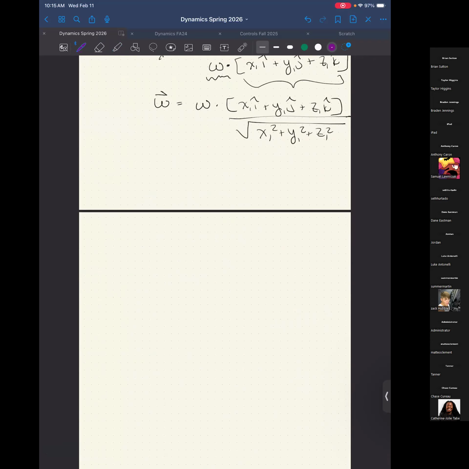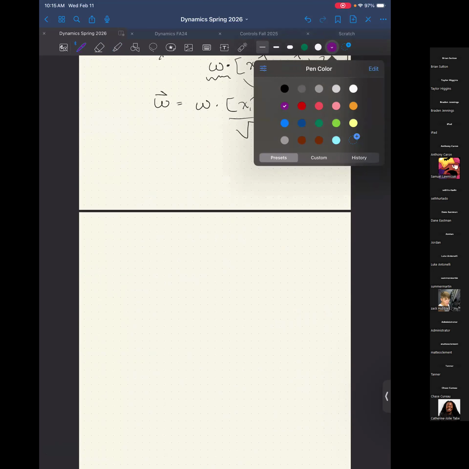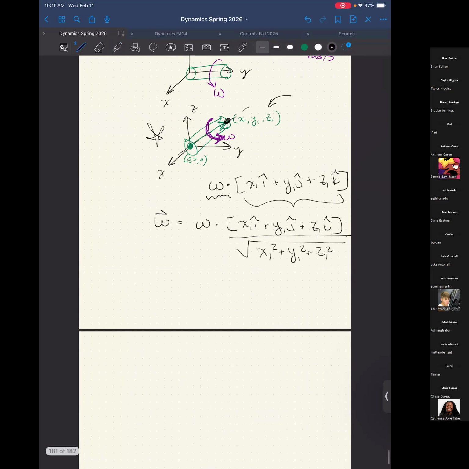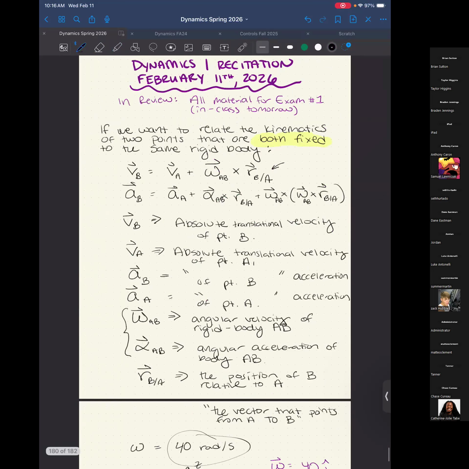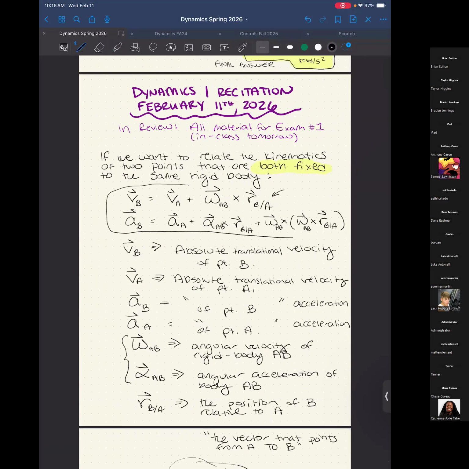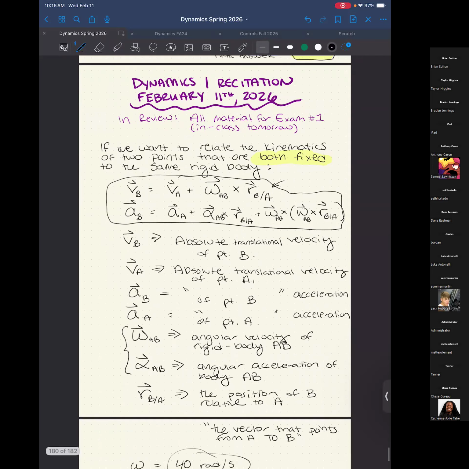Yes. Okay, so the way that I broke up general planar motion is essentially these equations that relate 2 points on the same rigid body that are doing general planar motion. These are the most generic equations you can possibly have. Now, they essentially simplify if you have a certain special case.